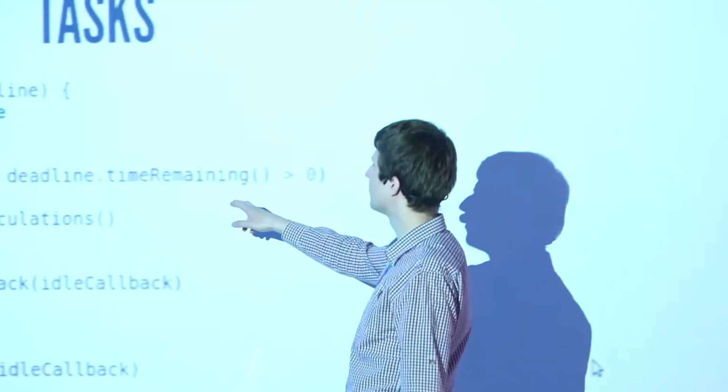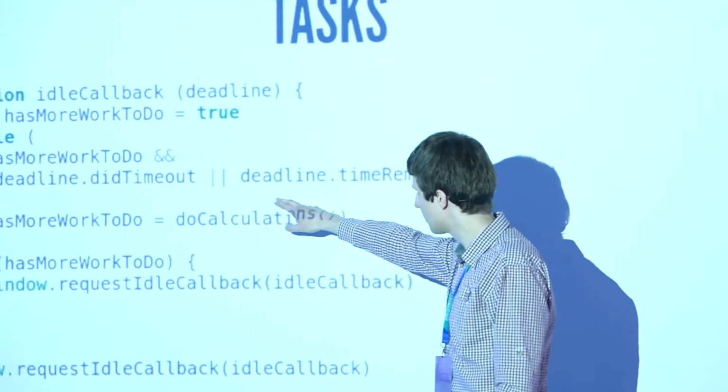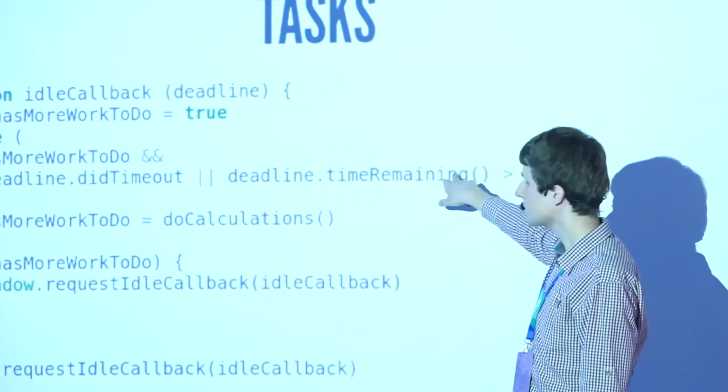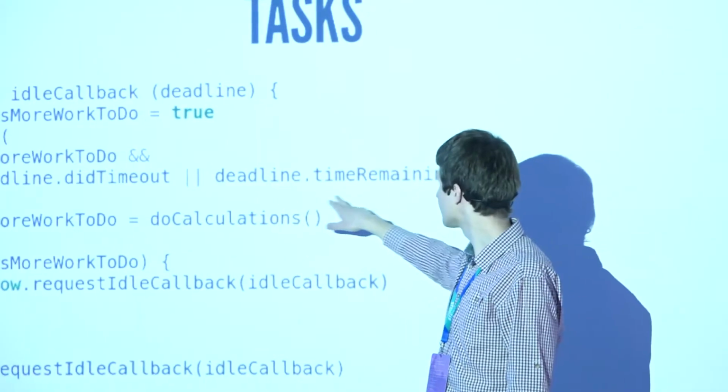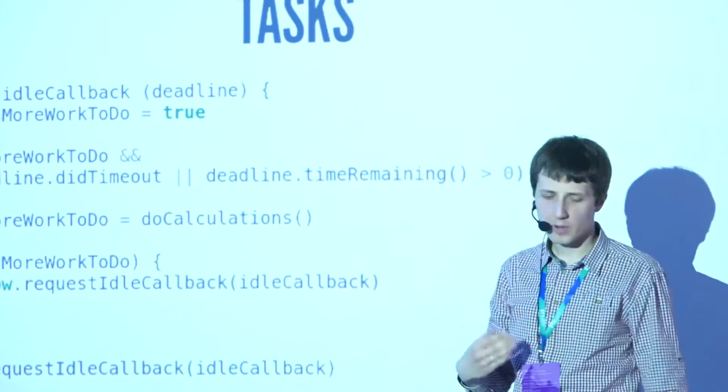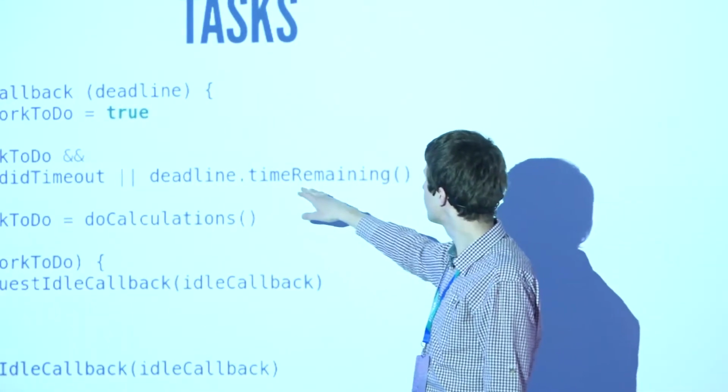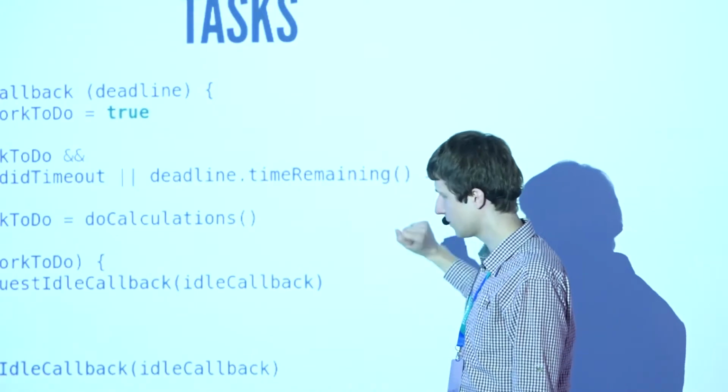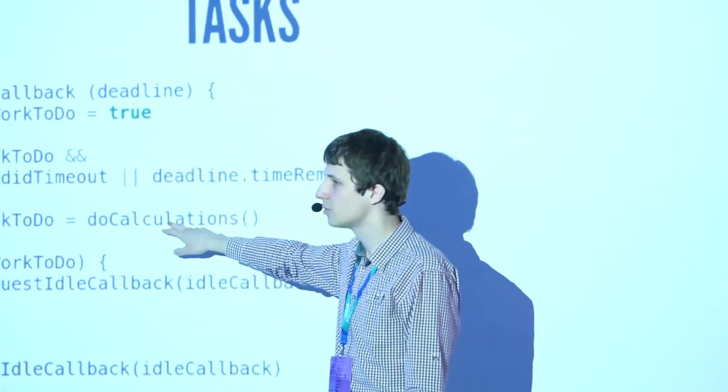The browser knows that it needs to do the next repaint in, for example, 50 milliseconds, so it knows that it can only give us 40 milliseconds now. And we can learn that we have those 40 milliseconds because we can check on the deadline how much time we have remaining. So our calculations should only happen if we still have some time remaining. Only then we can do them.